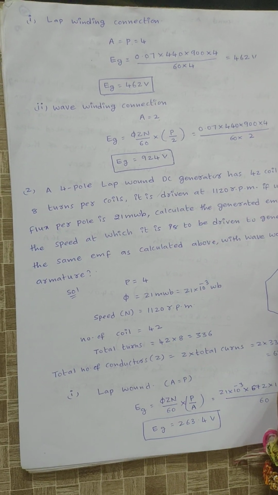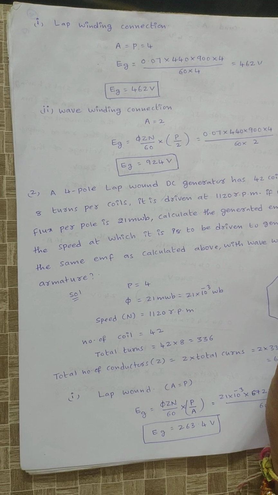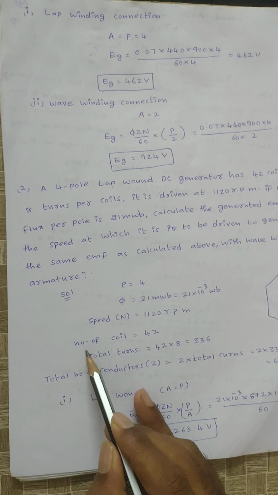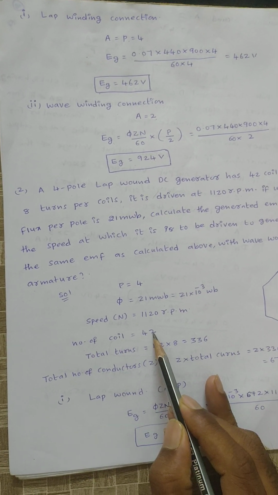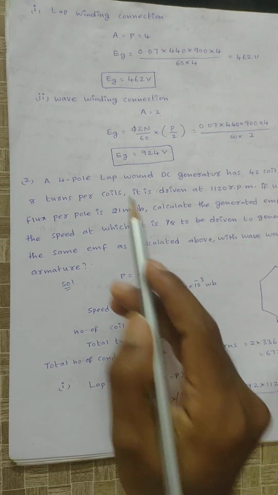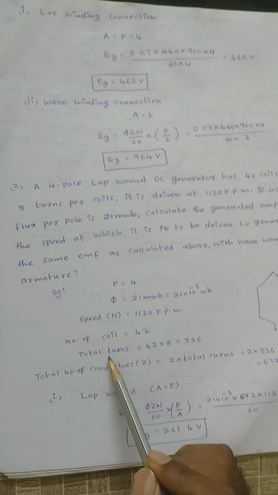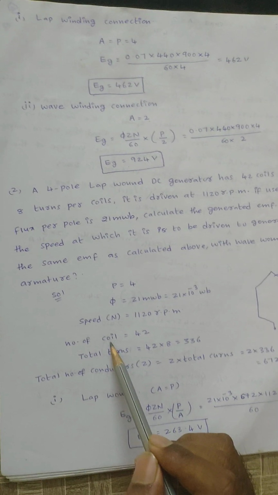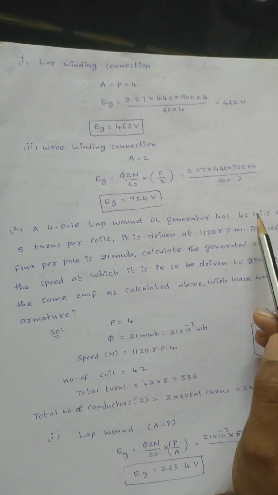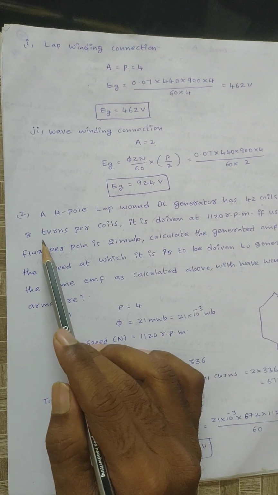Calculate the generated EMF up to this point, right? 4 poles is given, number of coils is 42 with 8 turns per coil. Each coil is having 8 turns.